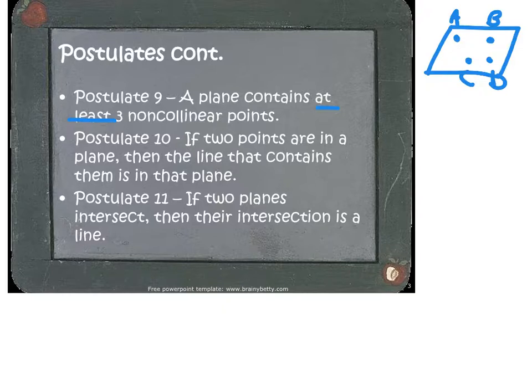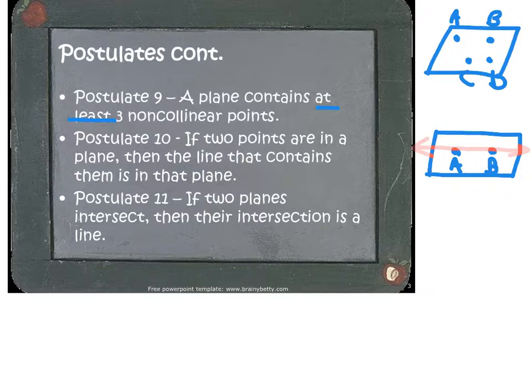Postulate 10 says if 2 points are in a plane, then the line that contains them is in that plane. So if I were to draw a plane and place 2 points in there, A and B, I could see that the line that those 2 points are on is also in the plane.